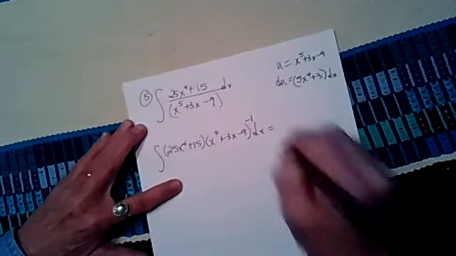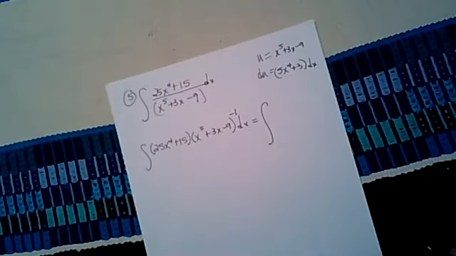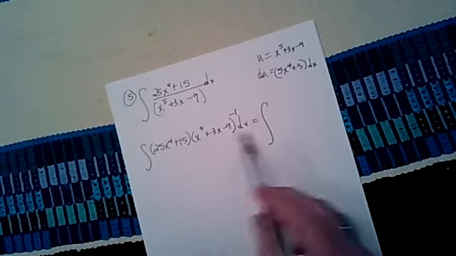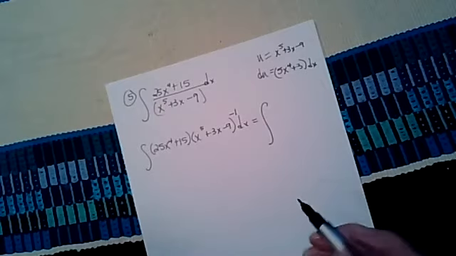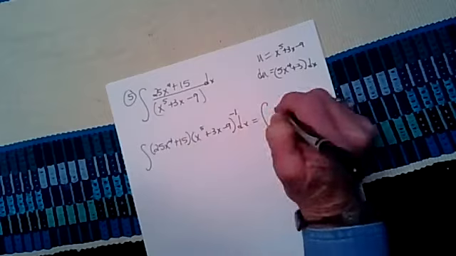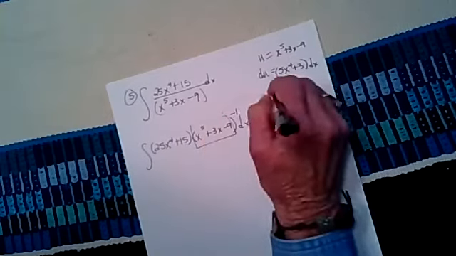Okay, so here we go. This one's a little different. Now remember, I can't bring any x's over. I can only bring u's over. So if I could bring this over, this right here is u to the -1.